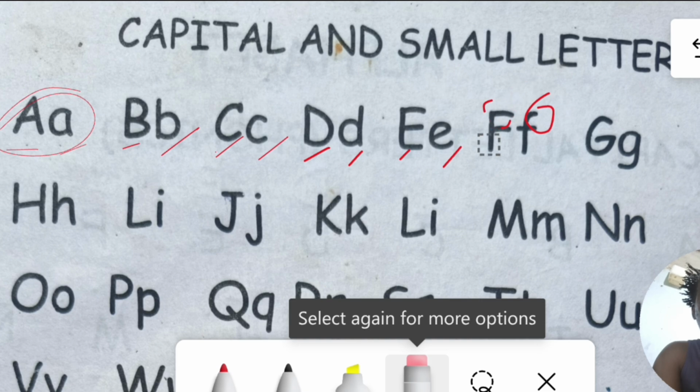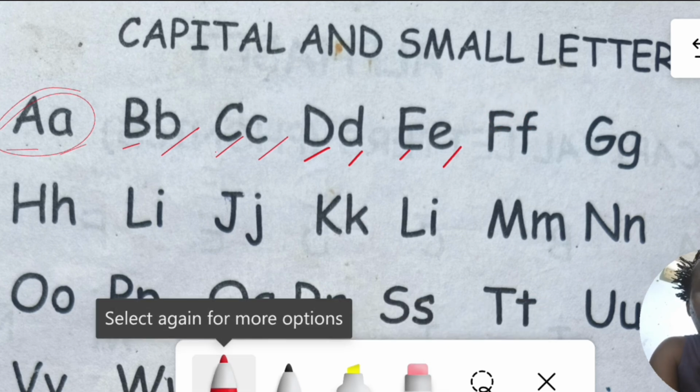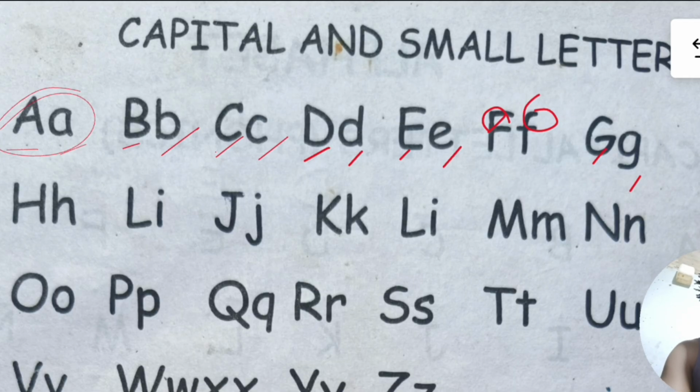But they somehow look the same. And then capital G and small g, they also look somewhat different.